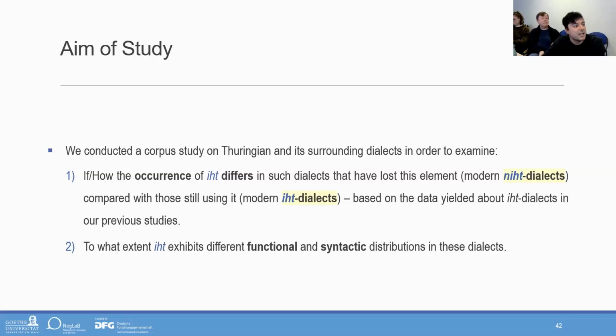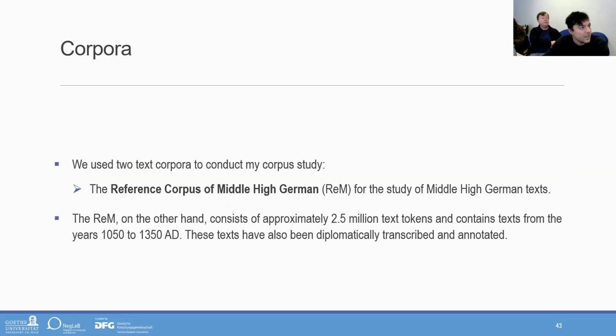And on the other hand, if it happens in all of the dialects, are there any differences in its behavior regarding its functional or syntactic distributions, to see if those differences could be regarded as crucial factors for its grammaticalization in some dialects and its extinction in the others.